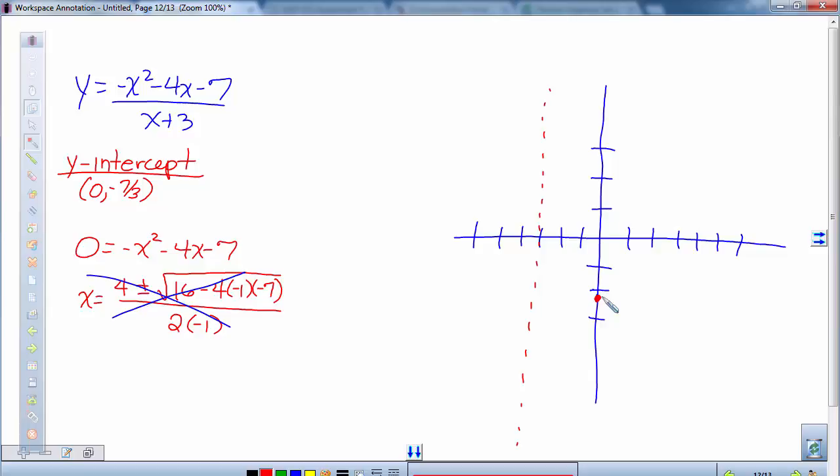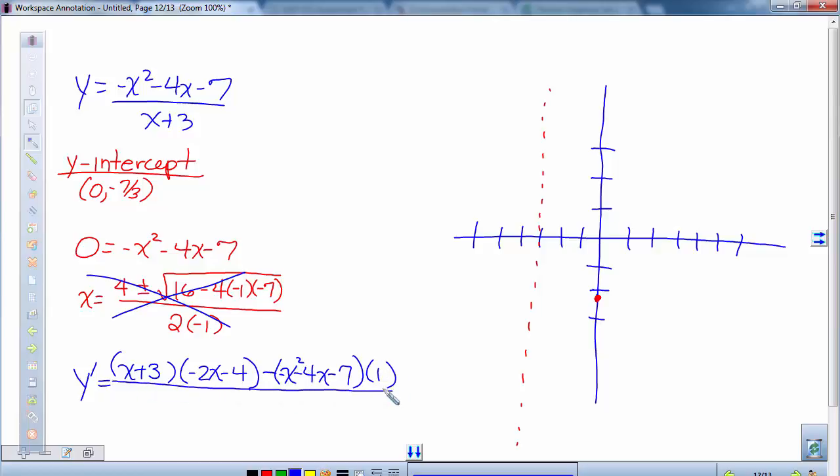Okay. All right, so I'm going to try to take my derivative. We got low, derivative of high is minus 2x minus 4. Okay, minus high, derivative of low is 1. Okay, all over low squared.